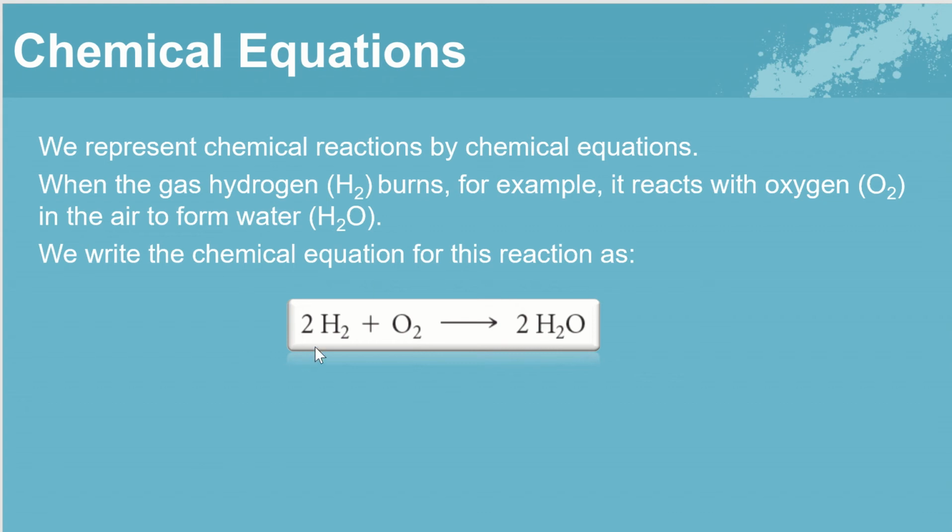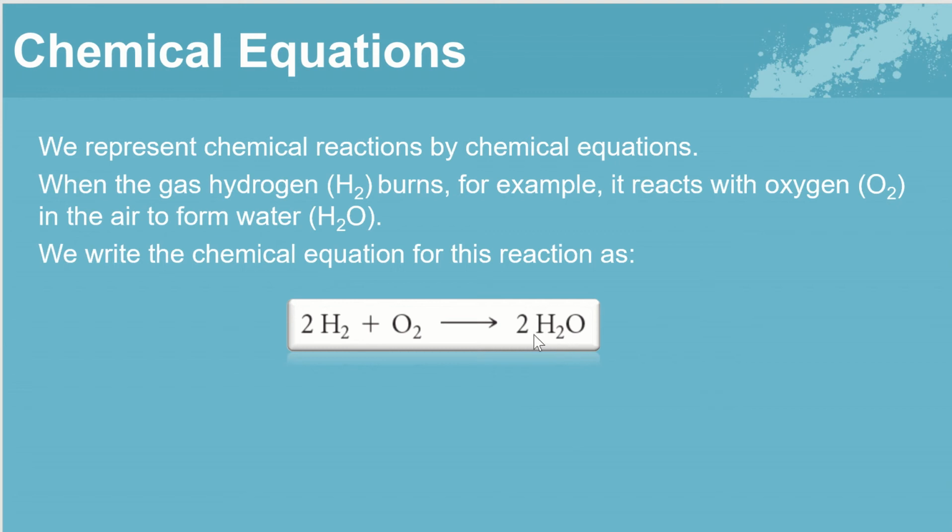When we talk about a balanced equation, we're counting the numbers. 2 times 2 gives us 4 hydrogen, and this is 2 oxygen here. So on the reactants side we have 4 hydrogen and 2 oxygen. On the product side, we need the same number of hydrogens and oxygens.